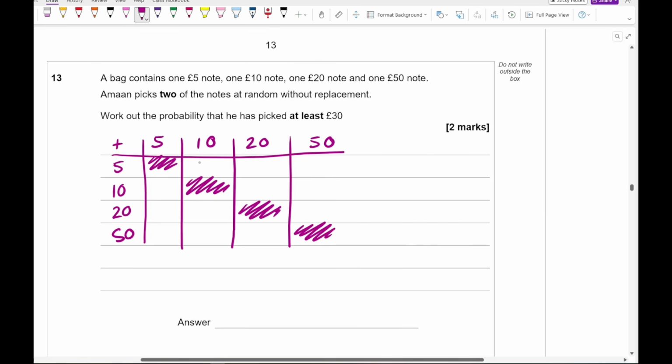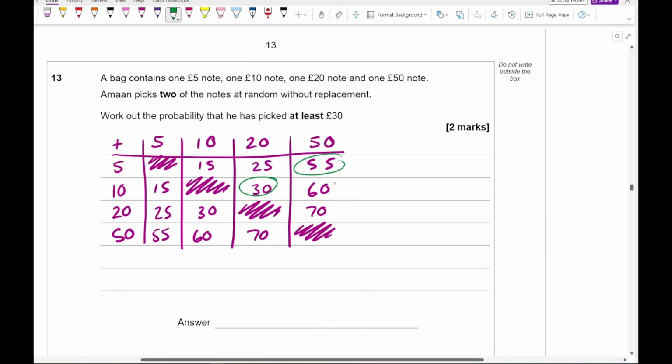And then if I add the amounts up, so here this is going to give me 15, 25, 55, 30, 60 and 70, and then this is going to give me 15, 25 and 55, 30 and 60 and then 70. And so what we're looking for is the probability of getting at least £30, which includes 30.